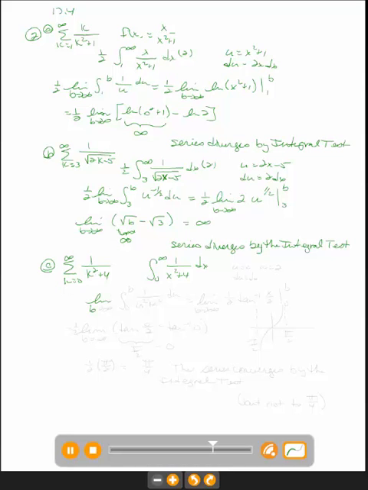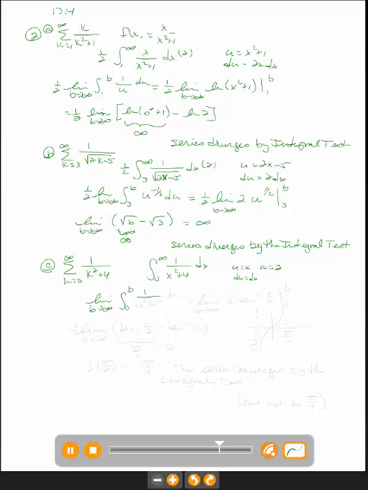Okay, so I have the limit as b goes to infinity, integral 0 to b. In this case, my u is x, my a is 2, and so my du is just dx. I'm not missing anything.